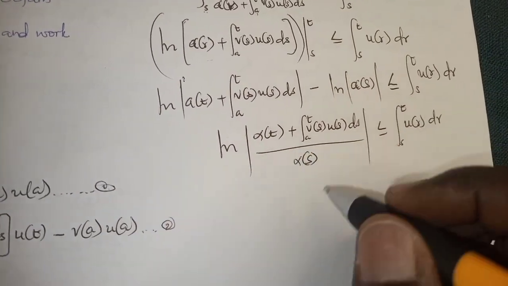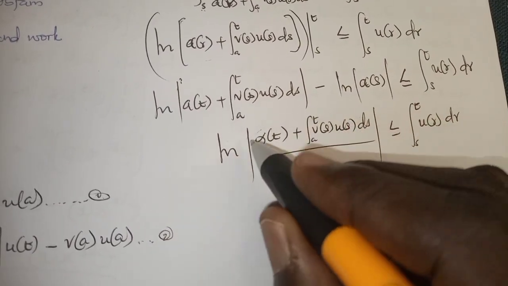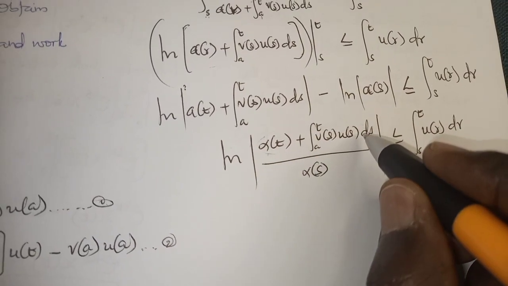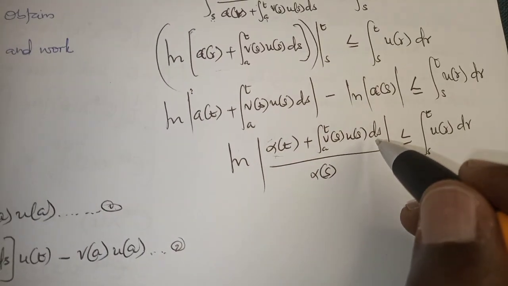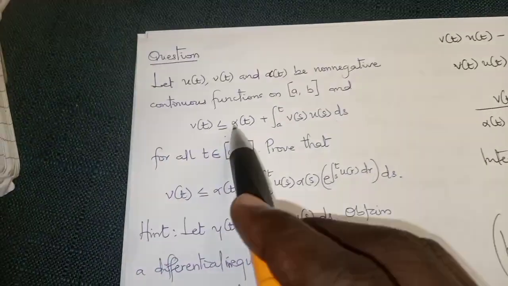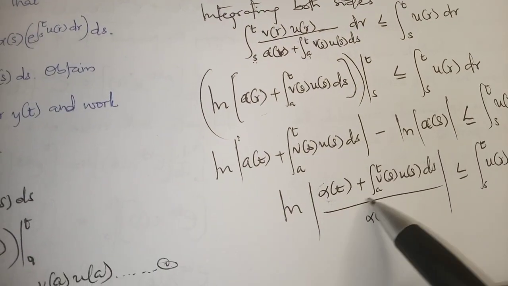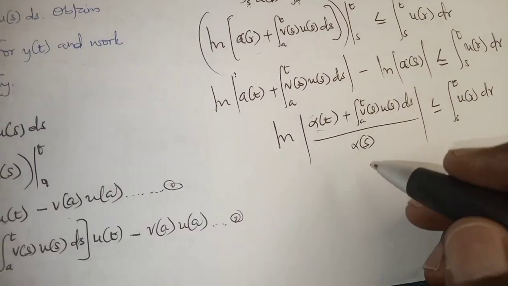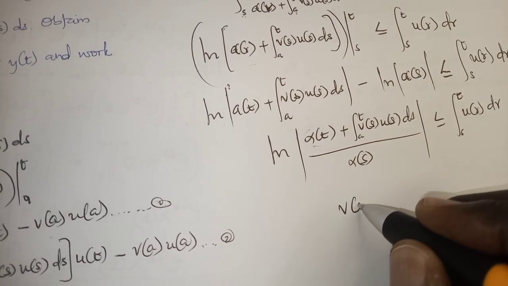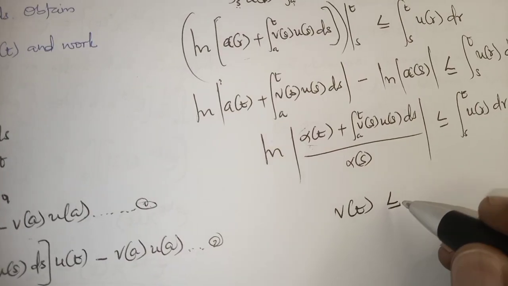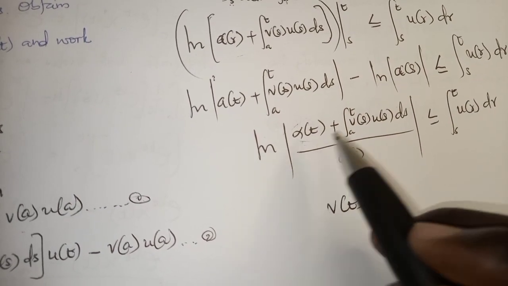So we can further simplify this. All the numerator equals v of t, from the expression here. So we could substitute this as v of t. So we're having v of t less than or equals to, here we're taking the antilog of both sides.